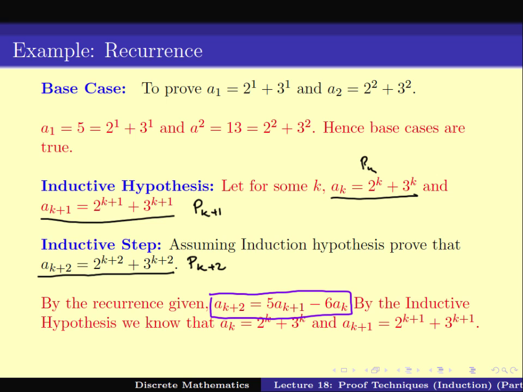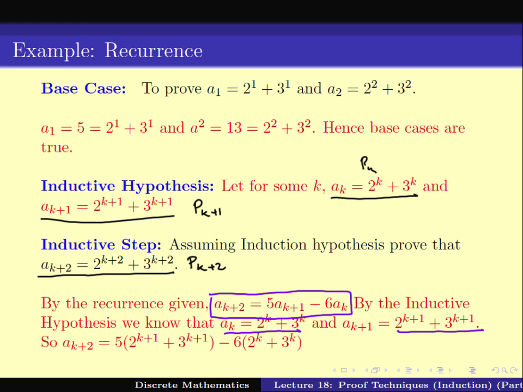Now once we have that, by the inductive hypothesis I know that a_k is equal to 2^k plus 3^k, and a_(k+1) is 2^(k+1) plus 3^(k+1). So we can plug it in, and what do we get? We get that a_(k+2) is 5 times this a_(k+1) minus 6 times this a_k.